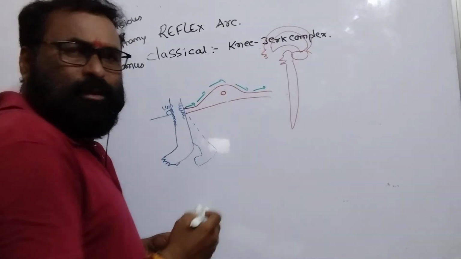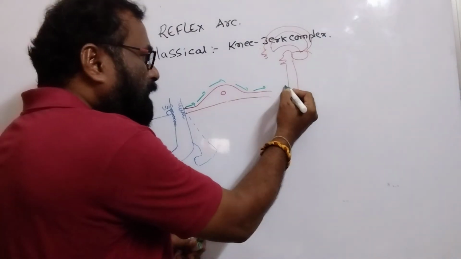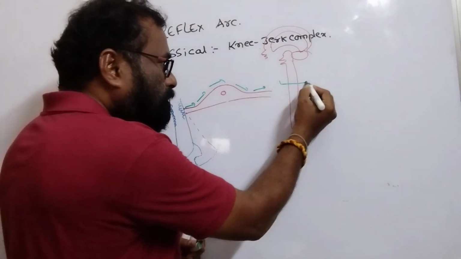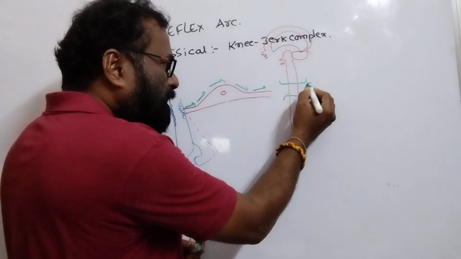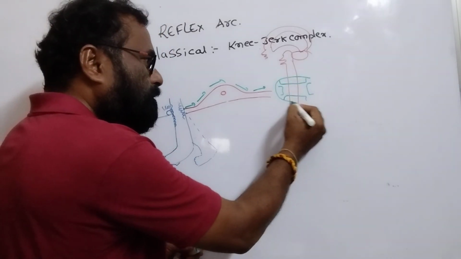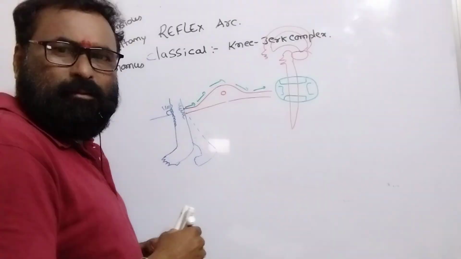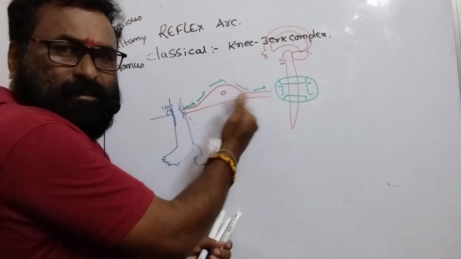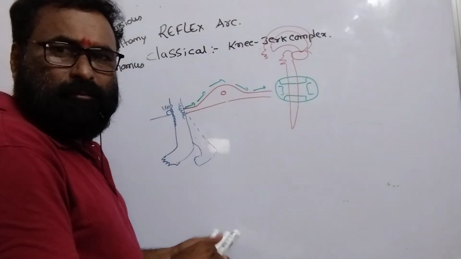These sensory action potentials are sent to the spinal cord. Here is the diagrammatic representation of the spinal cord. This is the anterior side, this is the posterior side.